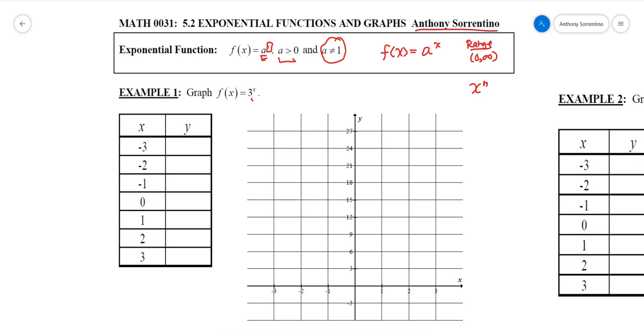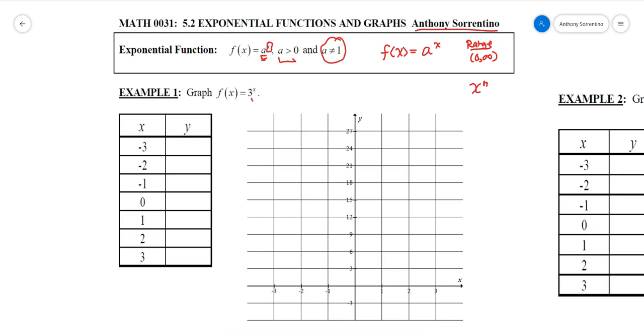It's going to be a positive number. I cannot raise a positive base to an exponent and get a negative result, or even get a 0 result. Now, when a is more than 1 and when a is between 0 and 1, it's going to create other issues. We're going to explore those momentarily.